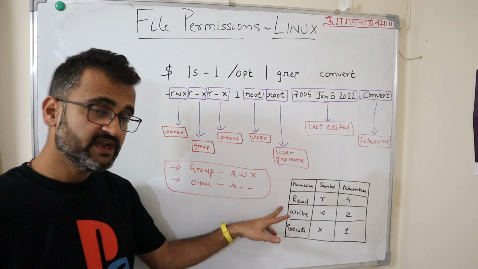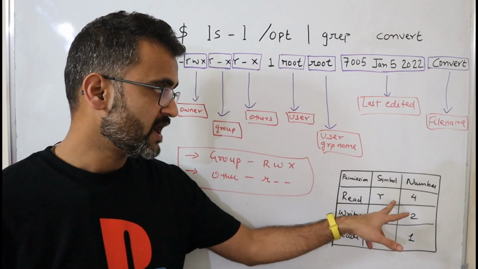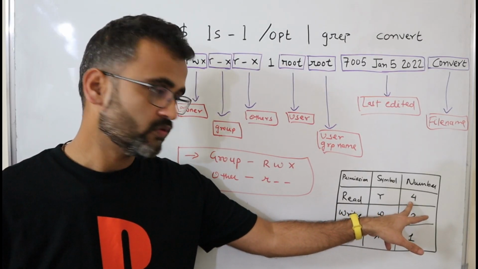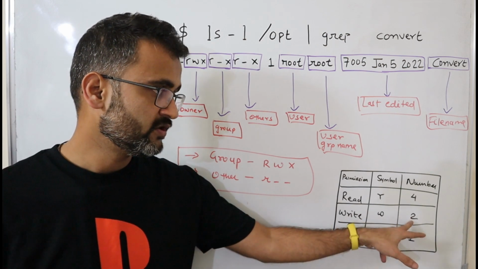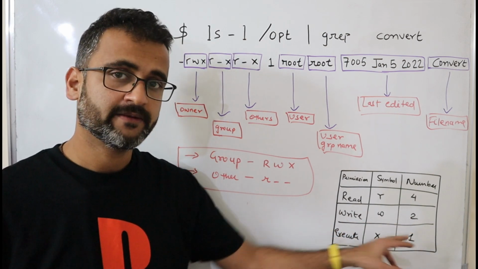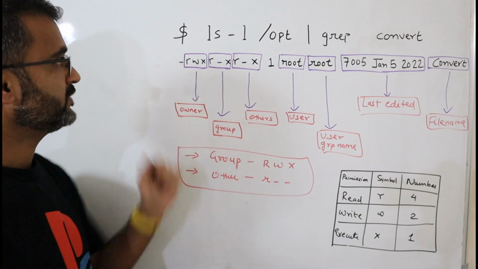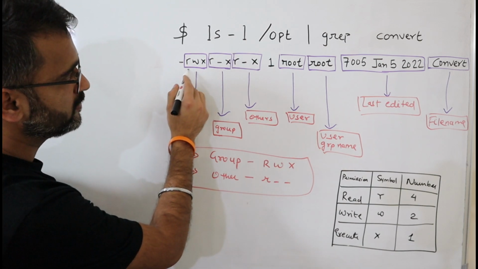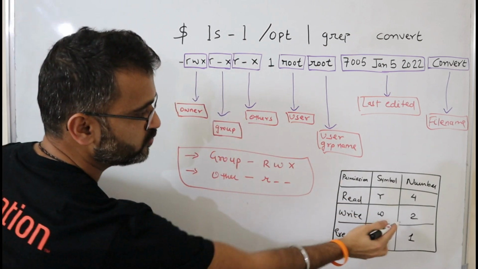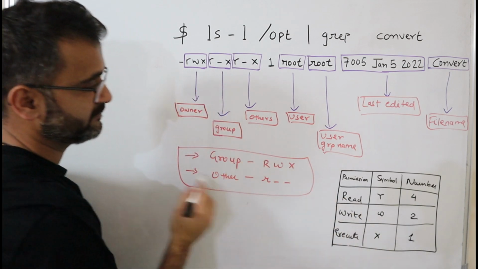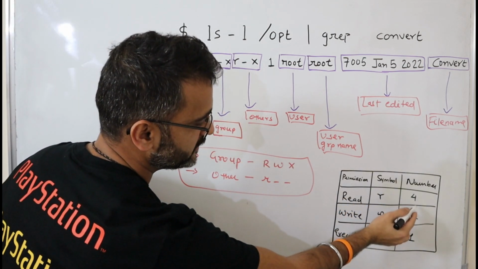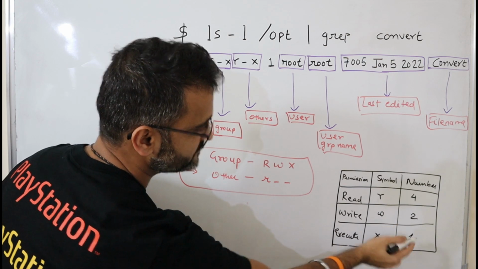Okay, so read is denoted by the symbol R and by the number 4, write is 2, and execute is 1. So let's take this example: read 4, write 2, and execute 1. How much does it stand for? It is 4 plus 2 plus 1, 7.